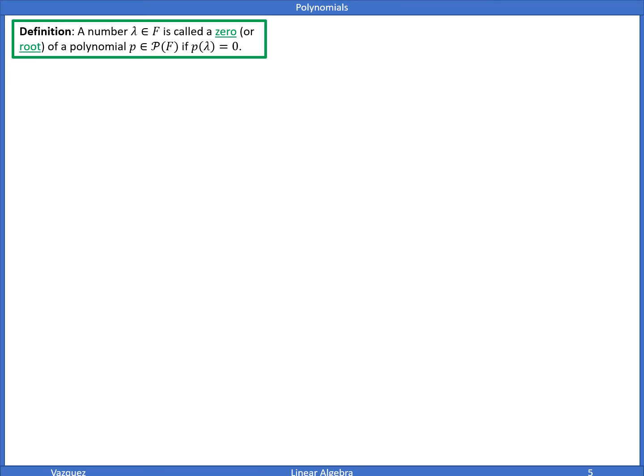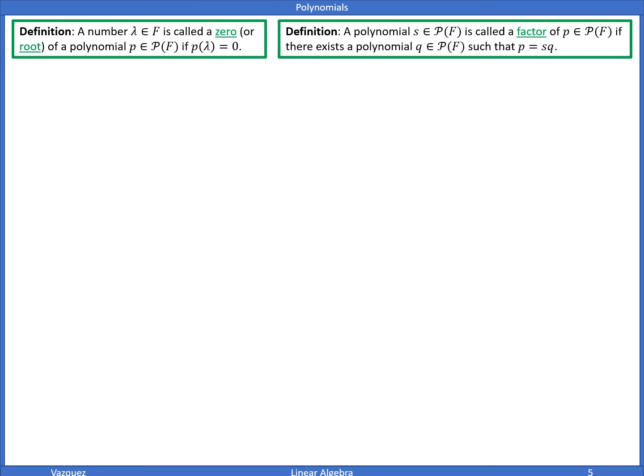So a number lambda is called a zero or a root, maybe you've heard of a root before, of a polynomial if when we plug in that number we get 0 for the polynomial. A polynomial S is called a factor of P if there exists a polynomial Q such that P is equal to S times Q. Now this here, I'm sure you're familiar with.